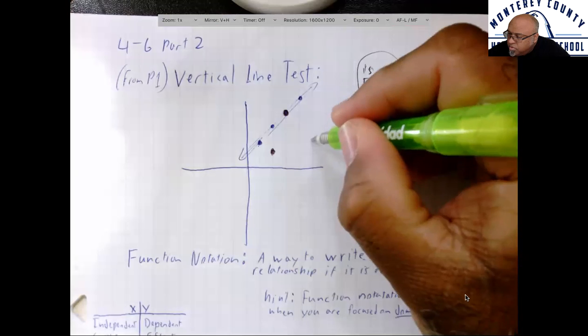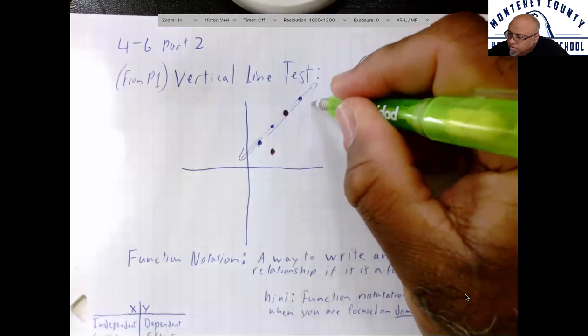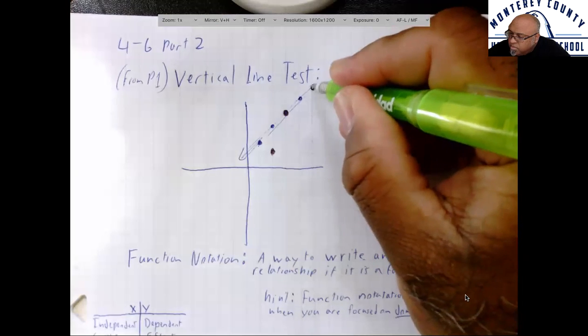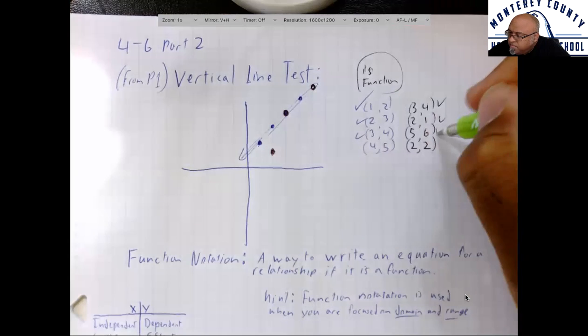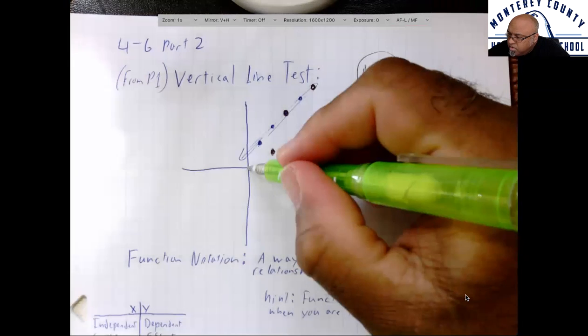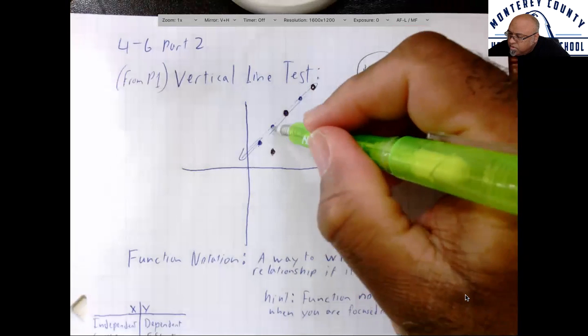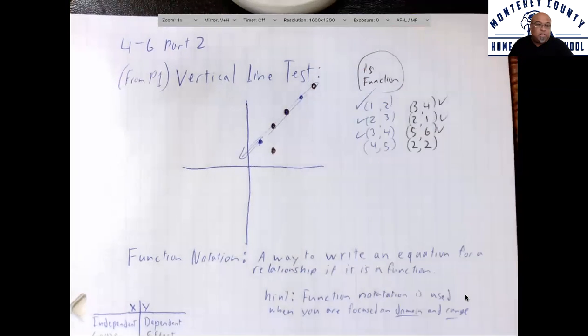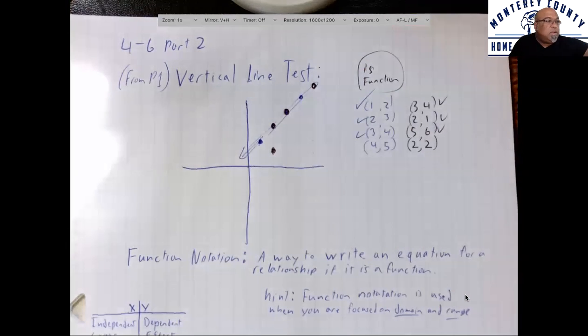There's another point that it shares. And then 2, 2. Another point that it shares. So this one actually shares a lot of the same points as the line that I had made, but not all of them.